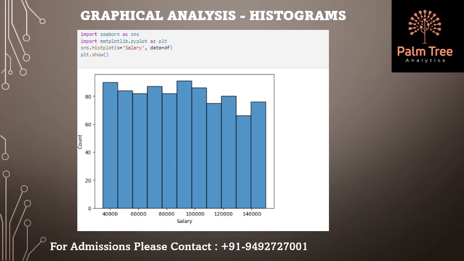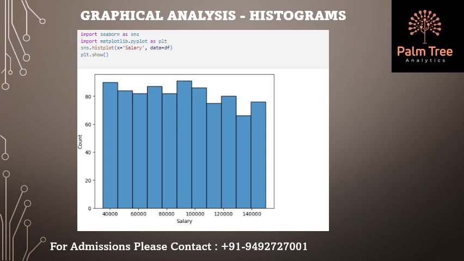From there we are counting how many times each value occurs. The intention of the histogram is that we get the frequency distribution. For example, whoever has 40,000 as salary, there are more than 80 or 90 people, and those having 60,000 or 50,000 are again close to 80.